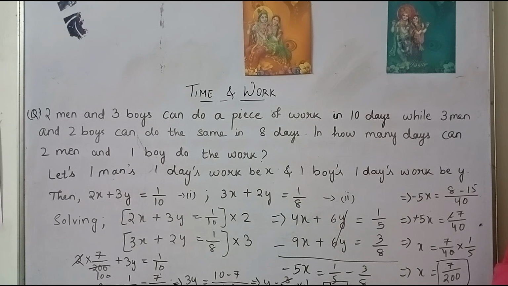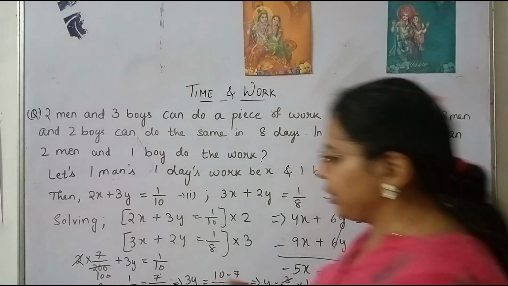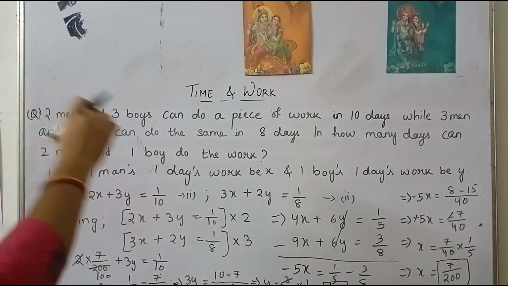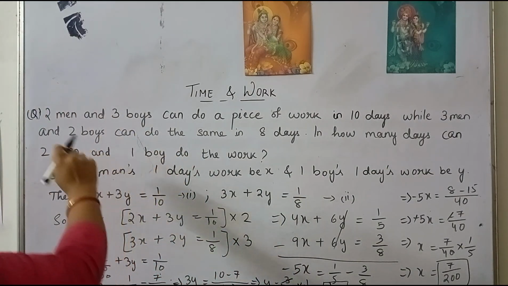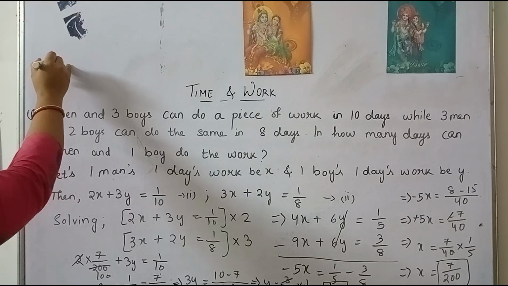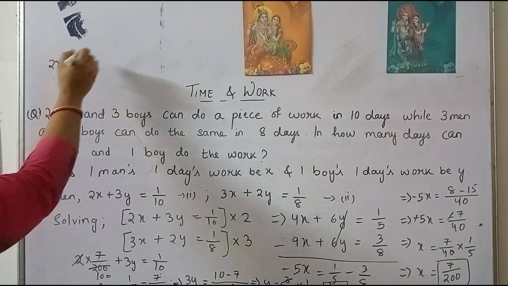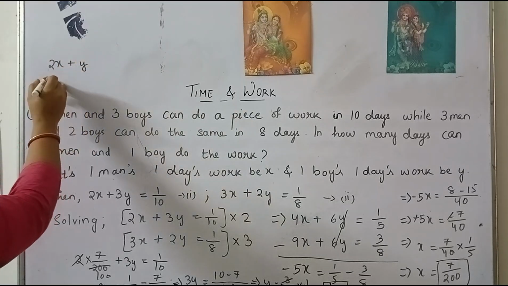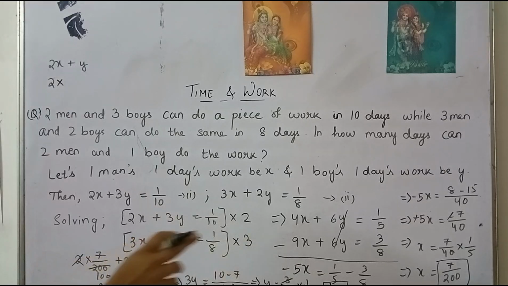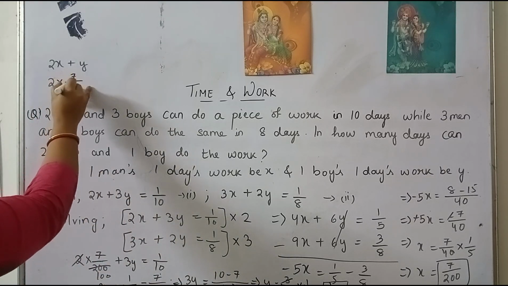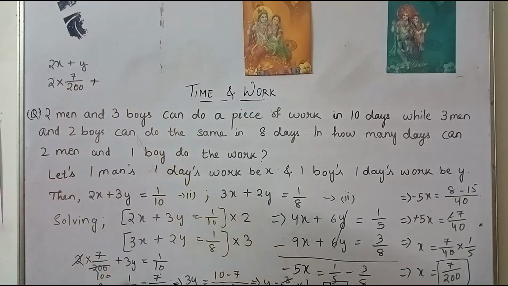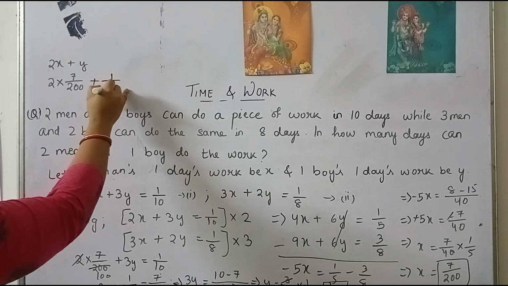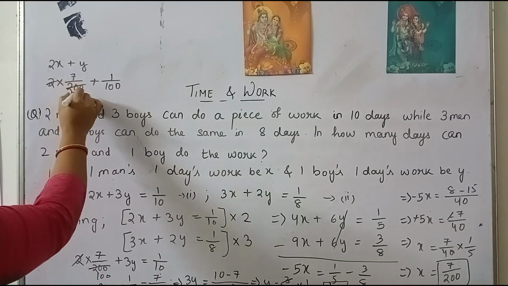Now the question is, in how many days can 2 men and 1 boy do the work? We can find it very easily. See here, 2 men and 1 boy will take how many days? 2 men means 2x plus 1 boy means y. So in the place of x, I will replace x value 7 by 200 and y's value 1 by 100. This gets cancelled.